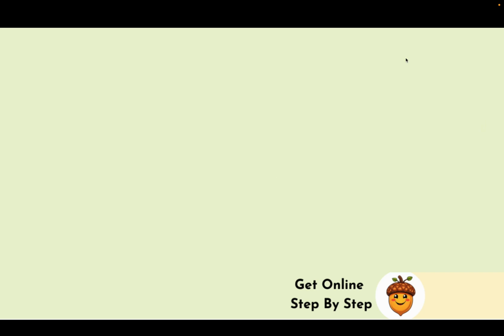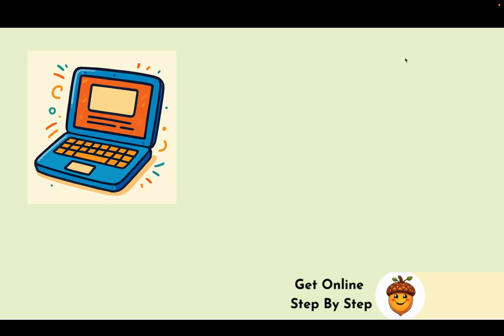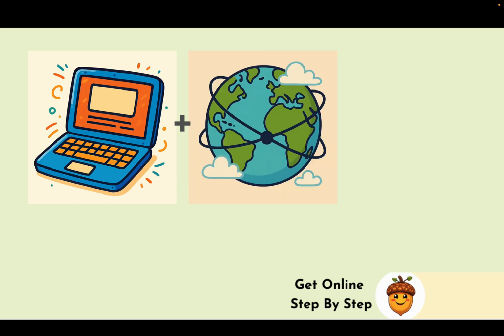So we need 3 things for being on the internet. We have looked at these before. We need a device, a laptop or a mobile phone. We also need an internet connection. This could be through Wi-Fi, mobile data, or a wired connection.